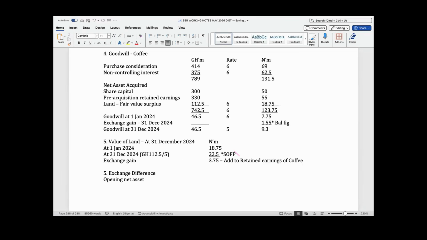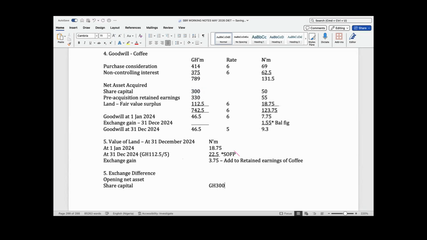So I would do my share capital to get my opening net asset. I will do my share capital in Ghana cedis, which is 300.